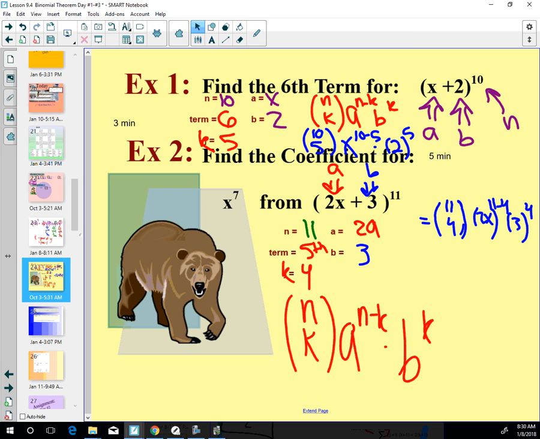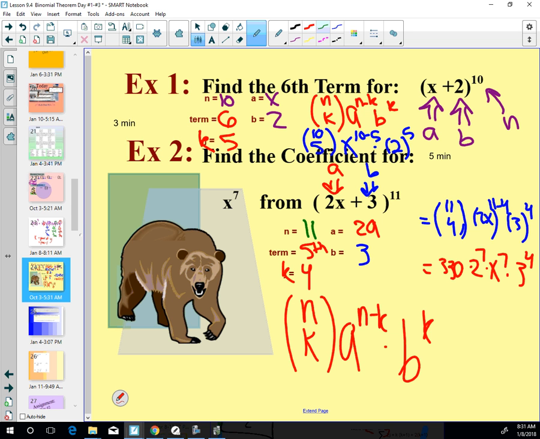So working this out, could you use your calculators for me? What's 11 choose 4? 330. I agree with that. Then 2 to the 7th, x to the 7th, and 3 to the 4th.